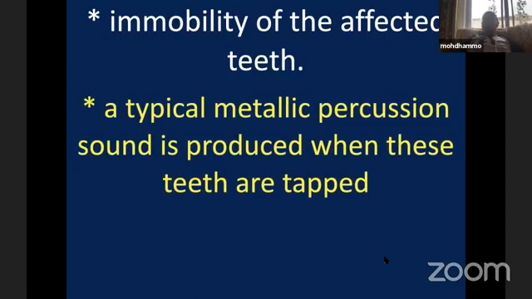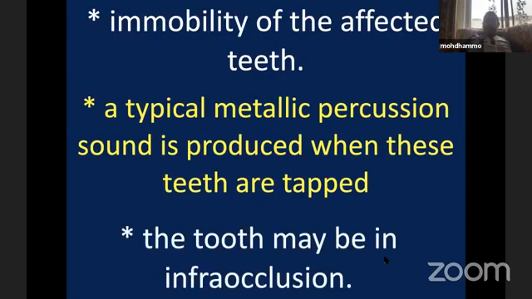When we make a percussion test, we will hear an atypical metallic percussion sound, which means there is no periodontal ligament there, and the tooth is bound with the bone directly. And because there is no periodontal ligament, the tooth will not grow. And we can see here the tooth may be in infraocclusion.